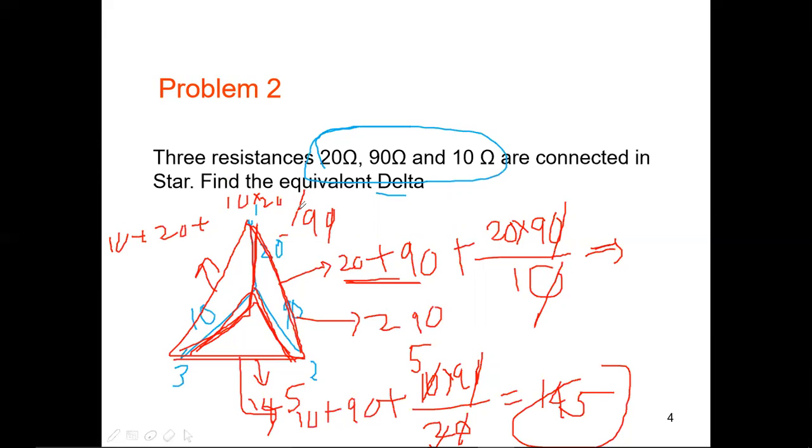From here both get cancelled. 20 by 9 is nothing but how much? 2.22. Means 20 plus 10 is 30, 32.22. The value of this is 32.22.